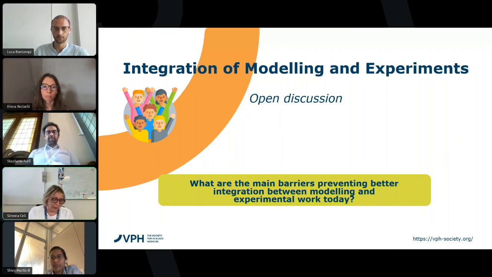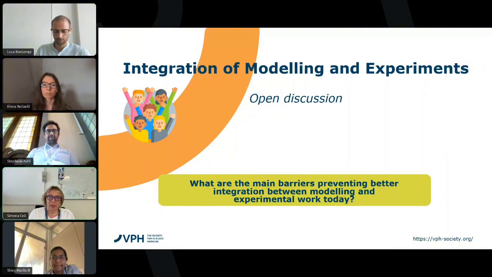I don't know if it can be put on the table also, sorry for this term, but the economical aspect, because in general, experimental tests in the laboratory are more expensive with respect to a computational environment.